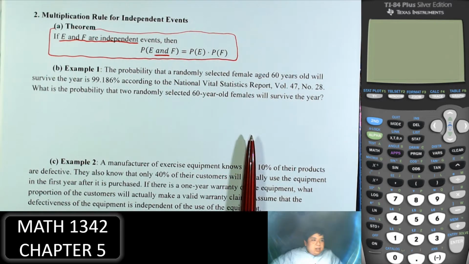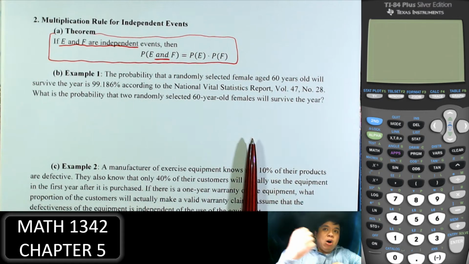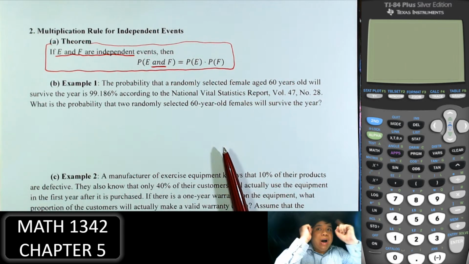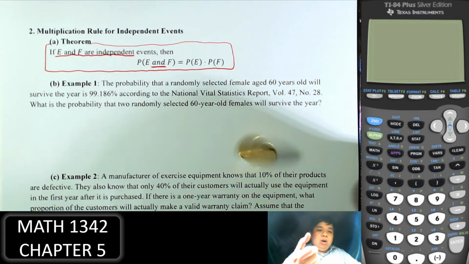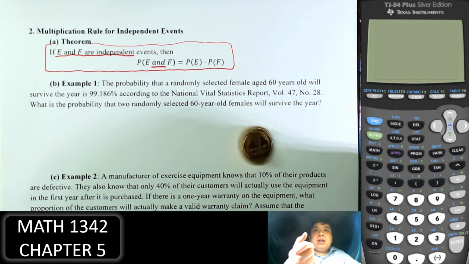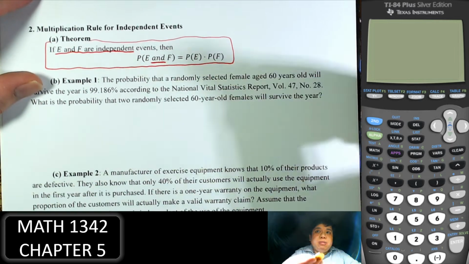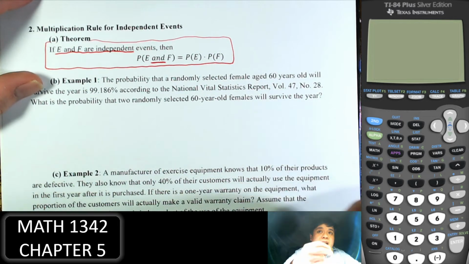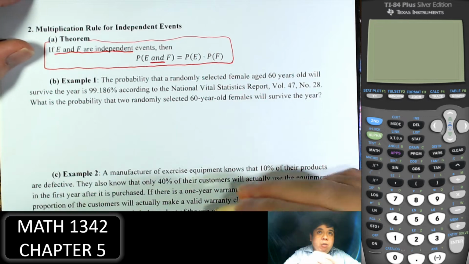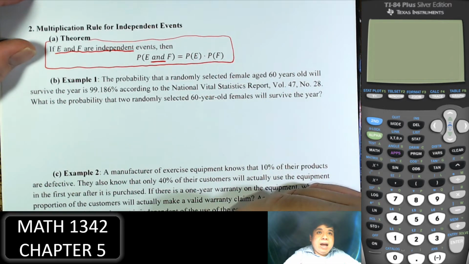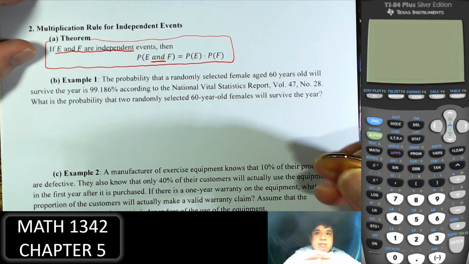So the thing is, when we talk about the addition rule in the other formula, we still have E and F, but in that case, we only have one trial. If we're tossing a coin one time, the probability of getting a tail is 50%, the probability of getting a head is 50%, so the probability of getting a head and a tail is 0% because you cannot have both.